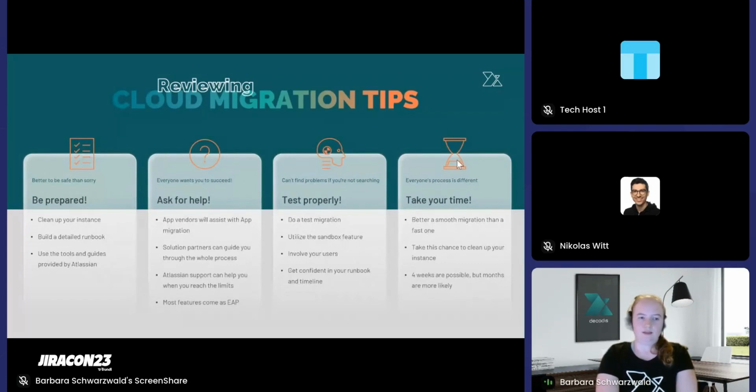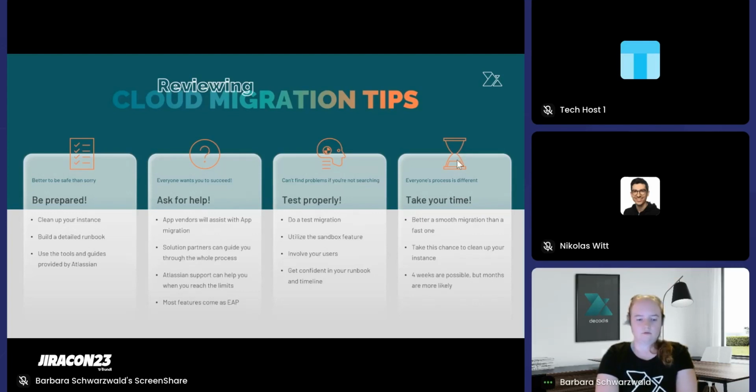And if you're contacting Atlassian support, because some of the limitations that I talked about earlier are blockers for your migration, for most of them, they are in some way on Atlassian's roadmap. For nearly every big new feature they're working on that's coming out, there is some kind of early access phase where they're testing it out with select customers.